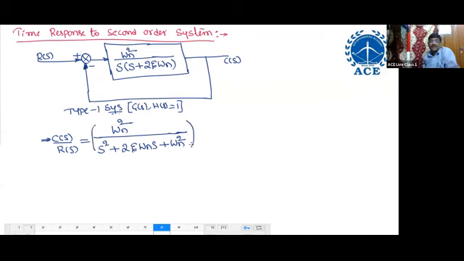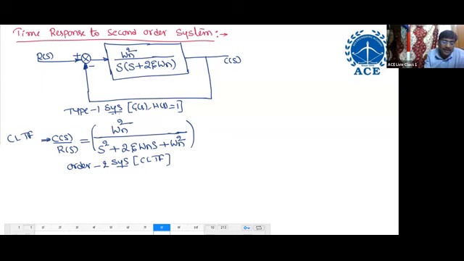So this is the second order system. Next, what is the order here? Order is 2. What is the practical circuit? The practical circuit for the order requires the closed loop transfer function. This is the closed loop transfer function.